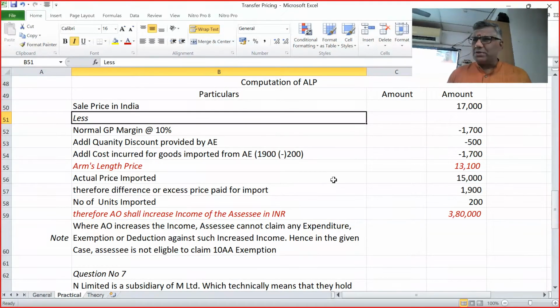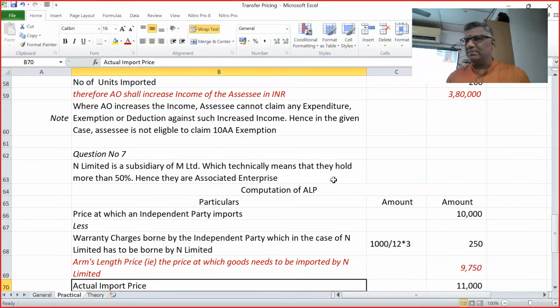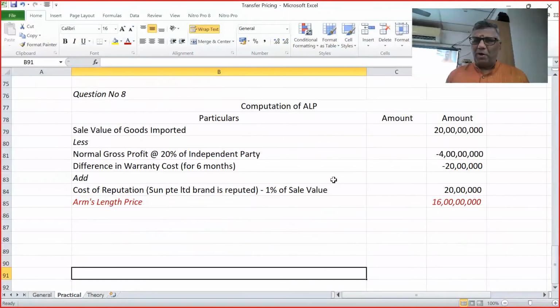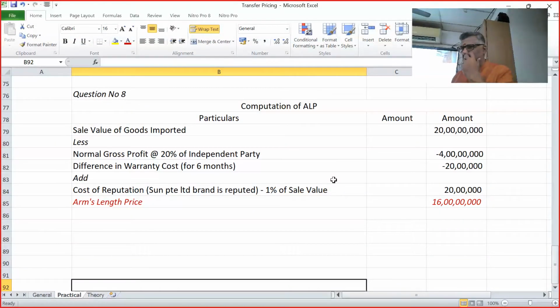In the seventh question, they did not give me the sale price. We did it costwise, that is why the difference. Otherwise, this is the methodology of working in resale price, not because of units alone. We would write it as sale price of goods imported from associated enterprise and sold in the open market, less functional differences.